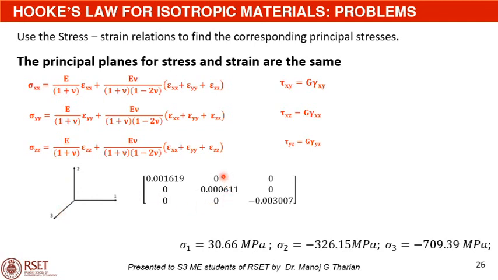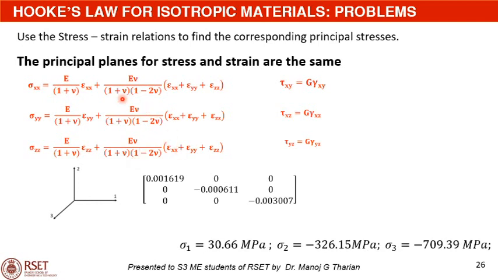Note that here the shear strains are 0 because the principal plane is a plane where the shear strain is 0. Now we can use this strain matrix in the stress-strain relationship to find out the corresponding stresses. The corresponding stresses are the principal stresses.